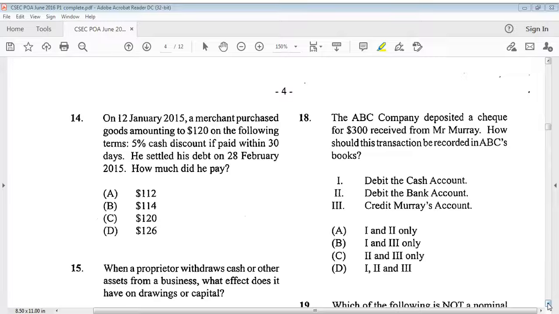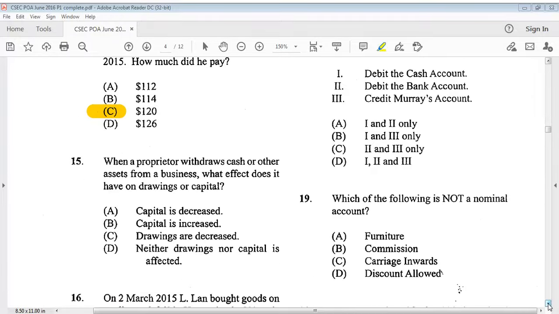But look, he settled his debt on the 28th of February. So he would not have gotten any discount because that was way past 30 days from the 12th of January to the 28th of February. So he would still pay C, $120.